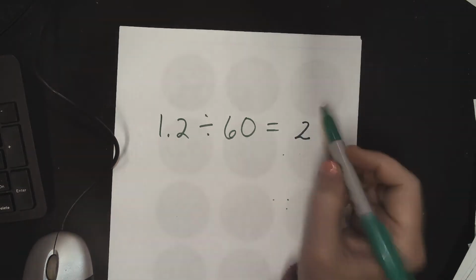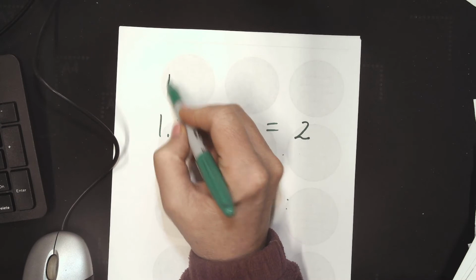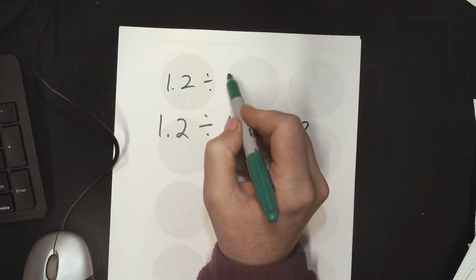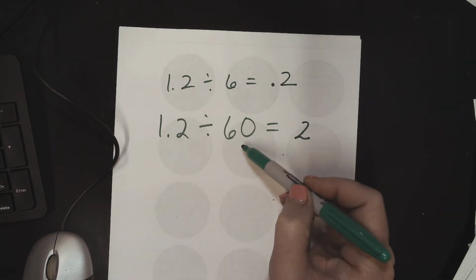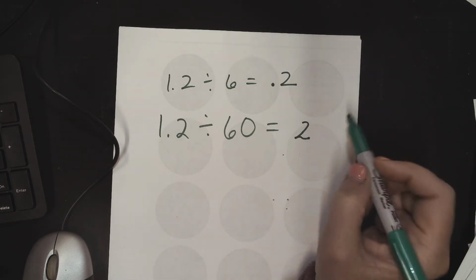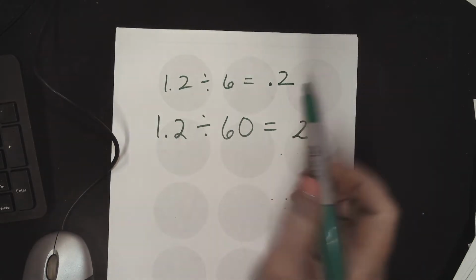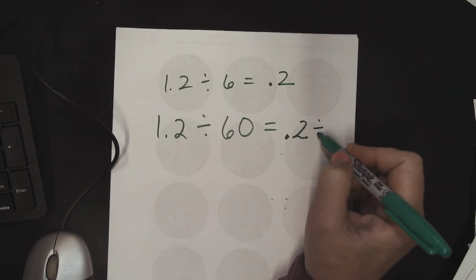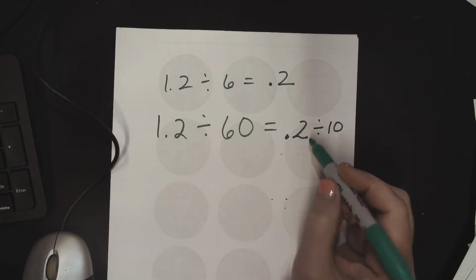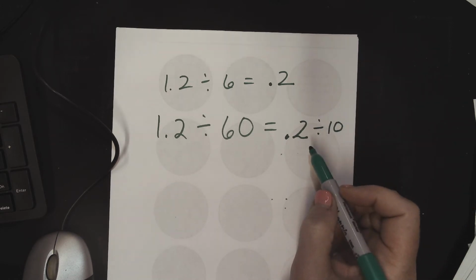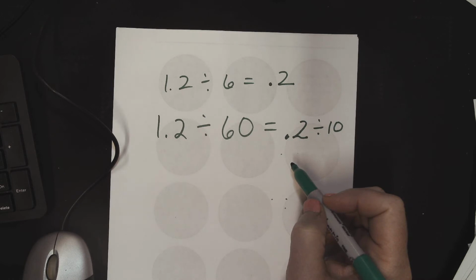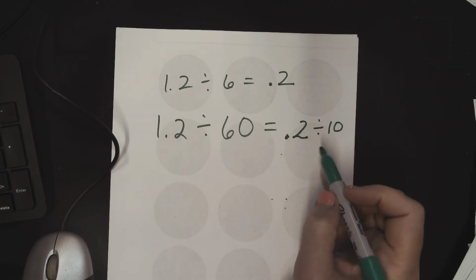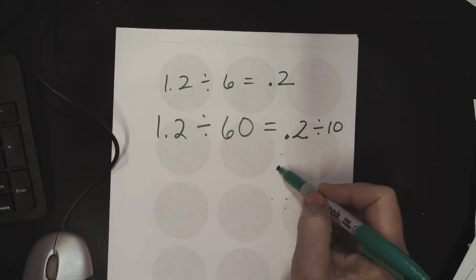But on my last problem, when I had 1.2 divided by 6, my answer was 0.2. I'm dividing it by 10 more. I'm dividing it again. So it's like I'm saying, I have this answer, 0.2, and I'm dividing it by 10 again. So where does my decimal place go? Jasper? It goes 1 step ahead. So you put a 0 in front of the 2 and you put the decimal. Right, I have to move my decimal place again, so it's 0.02.